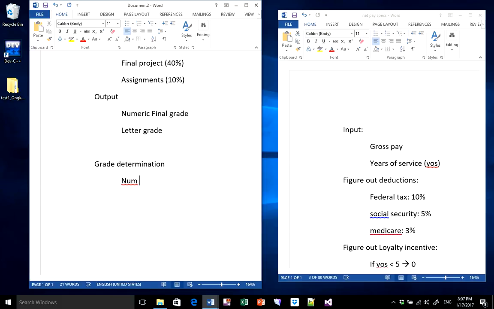If your numeric final grade is from 91 to 100, you get an A. Then if it is 81 to 90, you get a B. 71 to 80, you get a C. 61 to 70, you get a D, and 60 and below, you get the ultimate grade, which is an F.